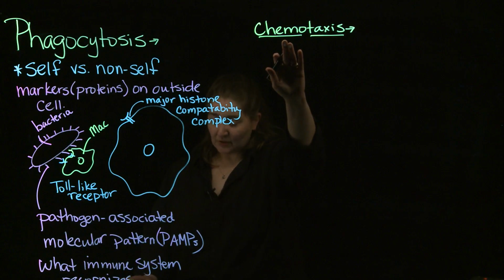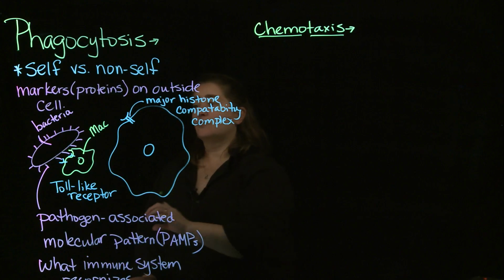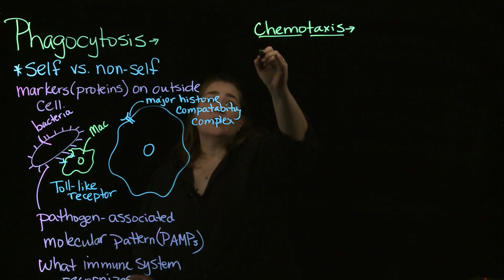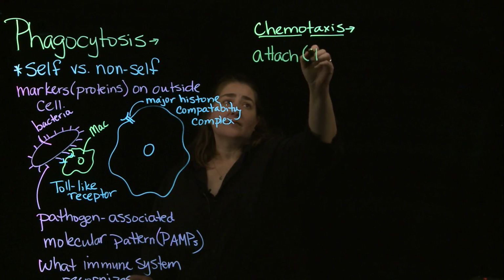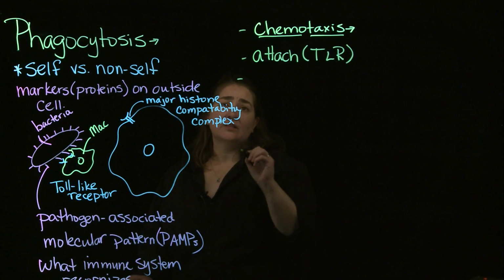You're going to have the chemotaxis first. You're going to have that macrophage or neutrophil find the bacteria, okay? It's going to have to attach. And this is where our toll-like receptor comes into play, all right?